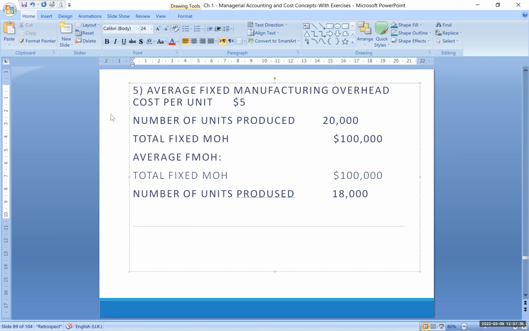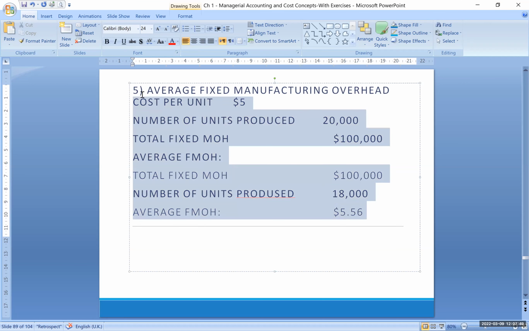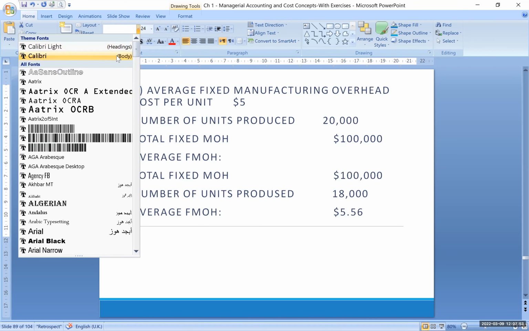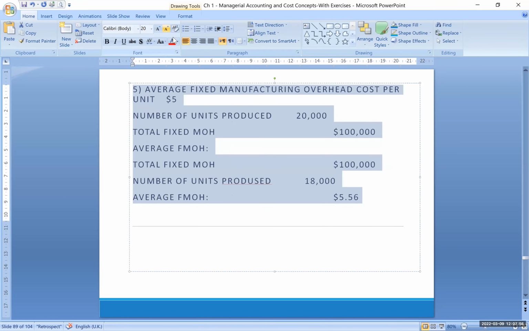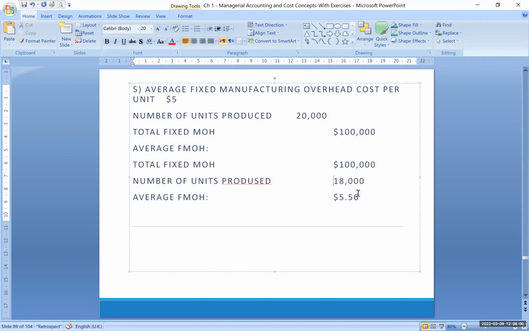And then the average will be 5.56. Okay, 5.56.